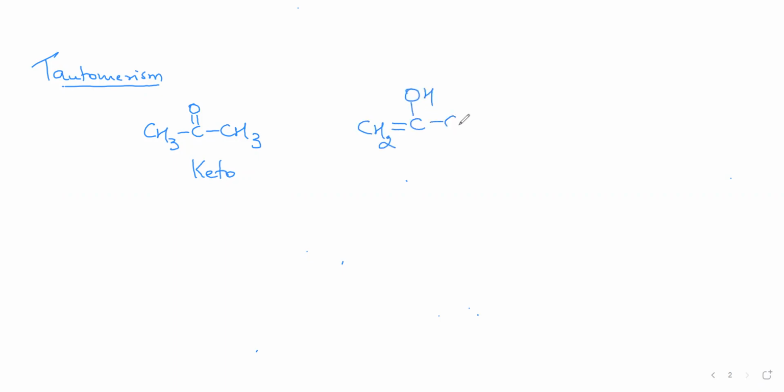And what functional group is there in this compound? Yes, this has an alcoholic group. But can I say the alcoholic group is present on a carbon having a double bond?